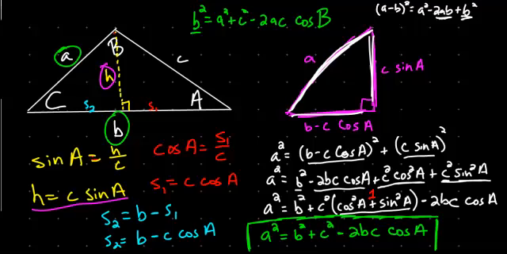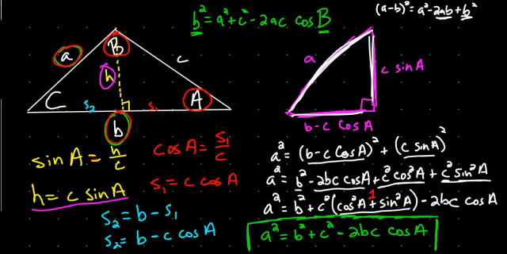Note that the side always matches that opposite angle. So here's b, here's that opposite angle. When we started with a, here's a, here's that opposite angle that's in the cosine on the other side.